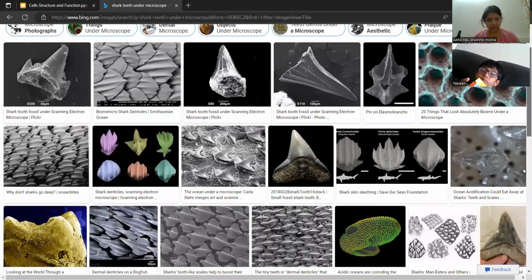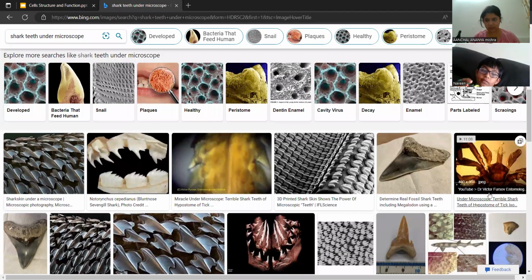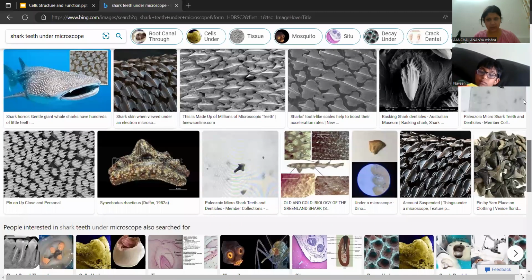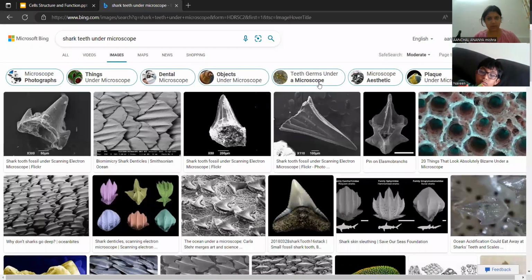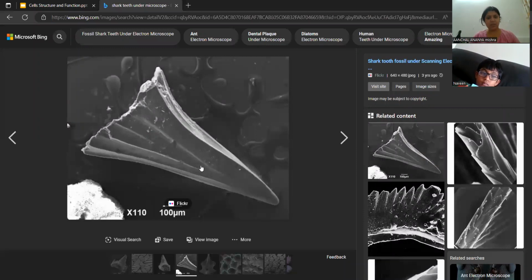Yeah, there are certain pictures. Are you able to see the screen? See, this is it. This is how it will look under the microscope. That looks ugly. Yeah, it's ugly.